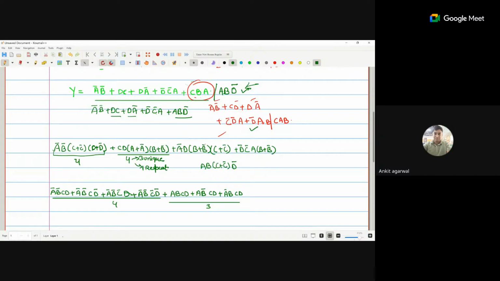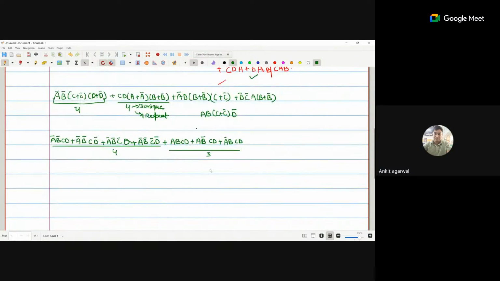Now if we check this one, A bar, B, C, D is already available. So I write A bar, B, C, D, A bar, B bar, C, D, A, B bar, A bar, B, C bar, D, and A bar, B bar, C bar.